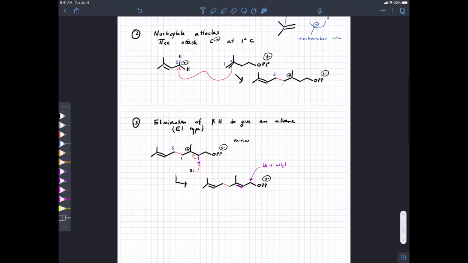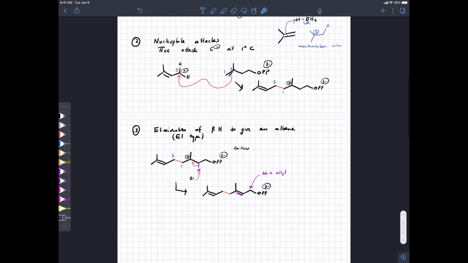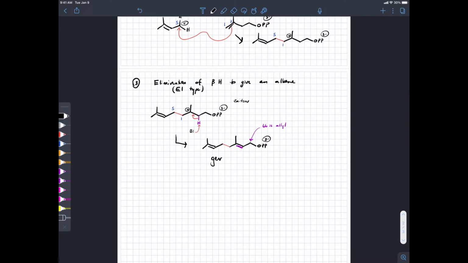So by repeating steps 1, 2, and 3, we can actually go on to make a linear molecule with 3 isoprene units in it. The one with 2 is called geranyl pyrophosphate.